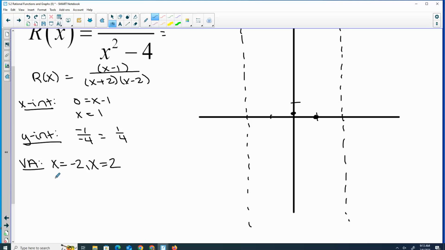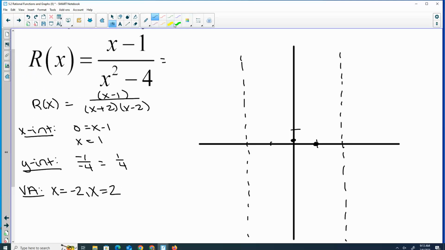Horizontal and oblique. So if you have kind of caught on to our patterns a little bit, we might be able to tell, if you set up the division, can you do x divided by x squared? No. So what does that mean? It's horizontal, y equals 0.